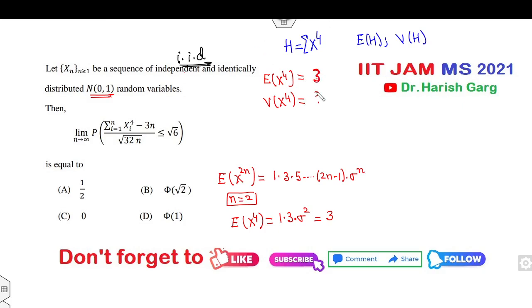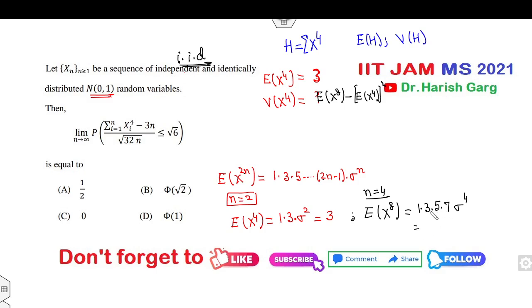How can we find the variance? I need to find the expected value of x^8 minus the square of the expected value of x^4. So can you find the expected value of x^8? For x^8, n will be 4. If n is 4, 2n minus 1 is 7. So that means 1, 3, 5, 7 times sigma to the 4.